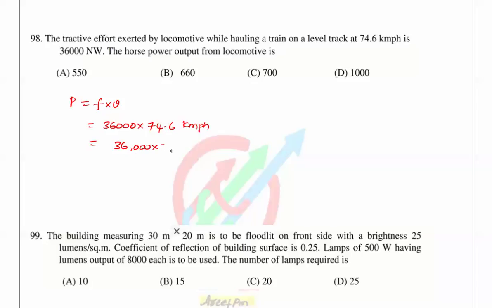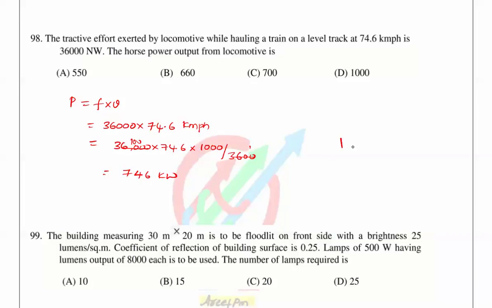This is equal to 36,000 into 74.6 into kilometers, which means I will convert it to meters, 1000, per hour, which means I will convert into seconds, 3600. Okay, so we get 746,000, which means watts.